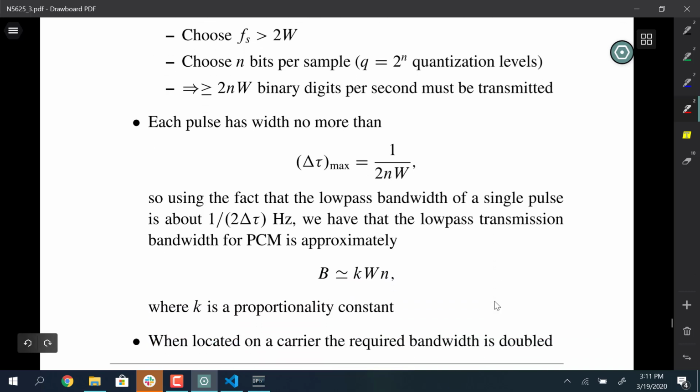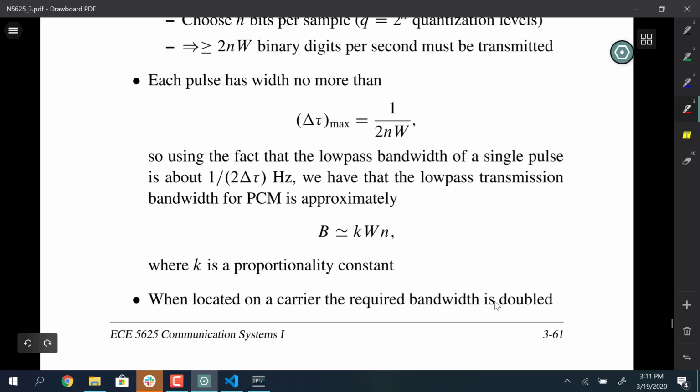And then the textbook has this little approximation formula saying that if the pulses have width 1 over 2 times n times w, and this is based on the pulse bandwidth relationships that were talked about at the end of chapter 2, then you can approximately say that the baseband bandwidth required to transmit a PCM signal is approximately k times w times n.